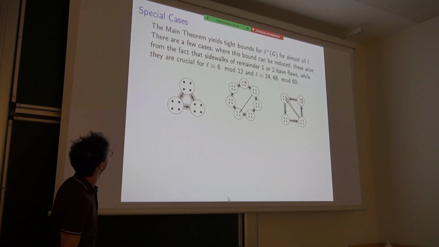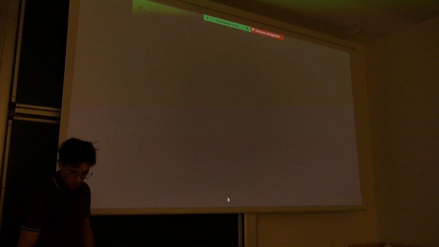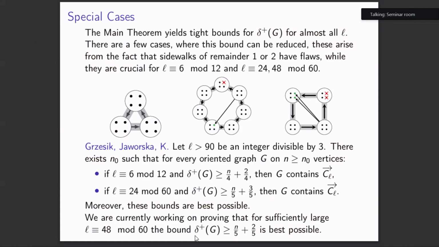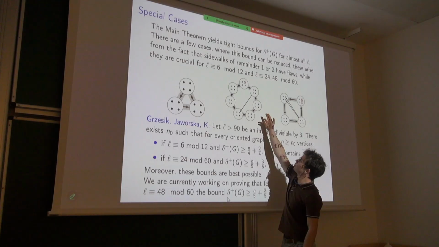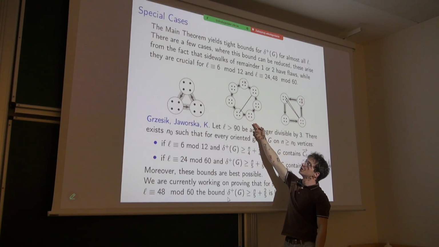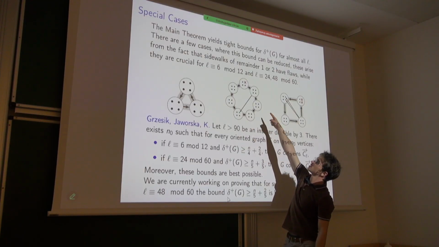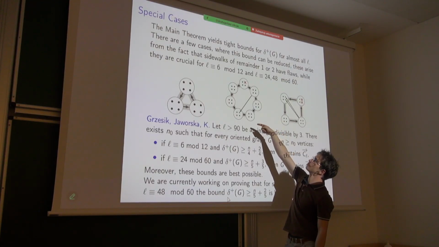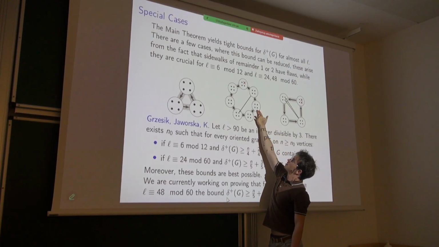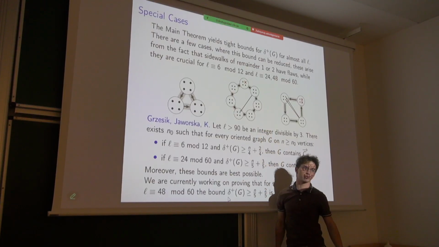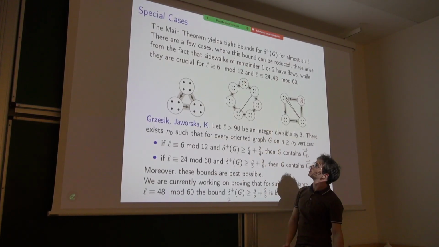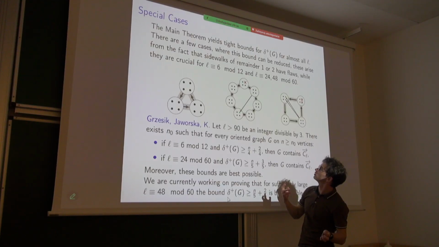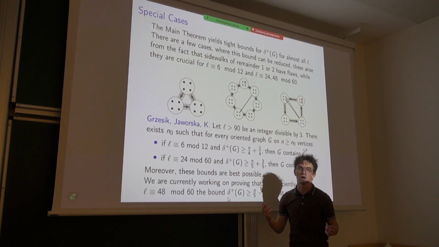Where it comes from is that if you remember how we made an extremal construction, we had to choose some vertex. Had we chosen a vertex in the same blob as the removed one, meaning remainder 1 or remainder 2, this would be very problematic, as its outdegree would not be sufficiently large.